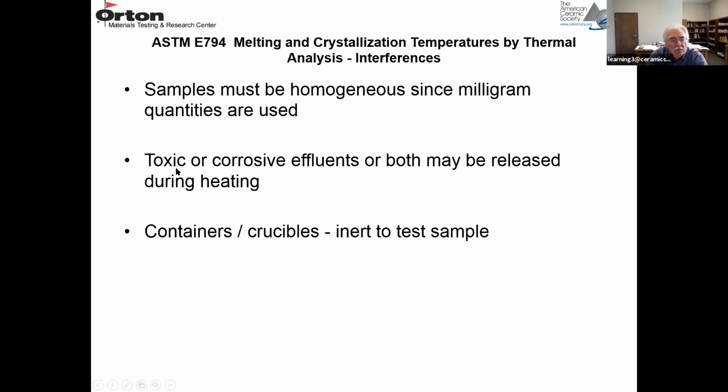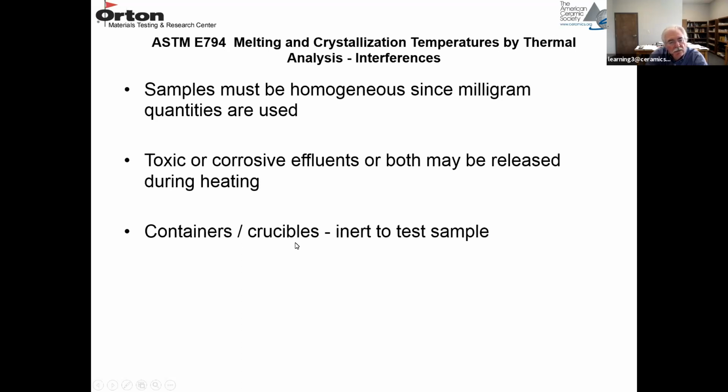You have to be aware something could be volatilizing. So you want to make sure there are no toxic or corrosive volatiles that can be released during heating. You can actually vent the exhaust gas so that you avoid toxic materials.